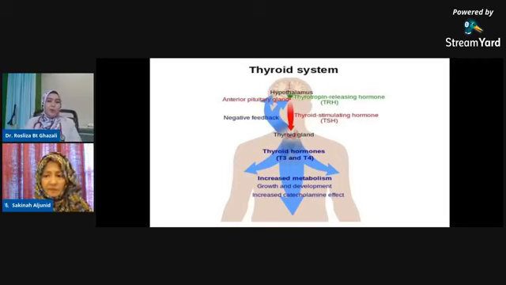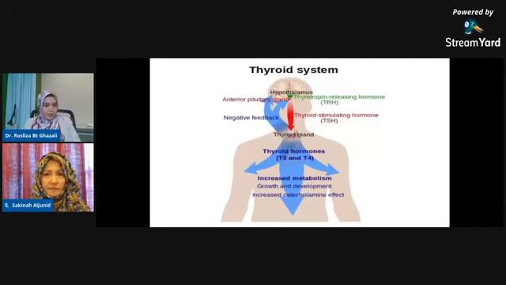When you produce more, meaning you are hyperactive, it is hyperthyroidism in the medical term. When you are producing less or not enough for our body, we call it hypothyroidism. And then apart from that, if you ignore it, basically if no treatment is given, you will develop goiter.